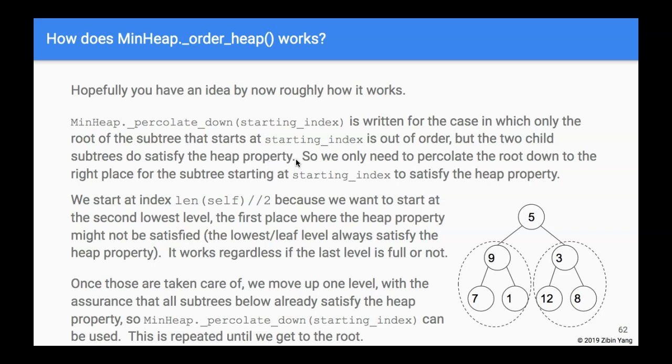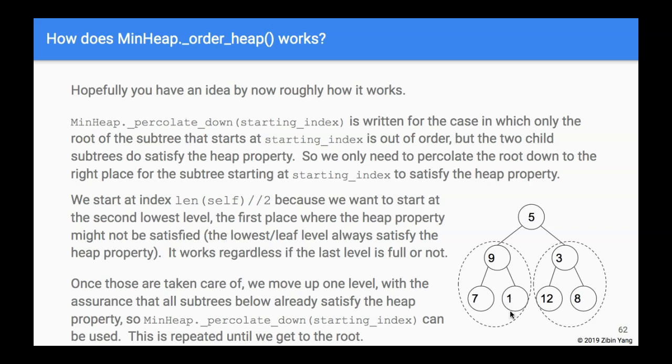Okay, so that's the assumption. Now, the next thing is, why are we starting at length of the heap divided by 2? Well, because we want to start at the second lowest level, and the second lowest level is kind of where the heap property might not be satisfied, right?